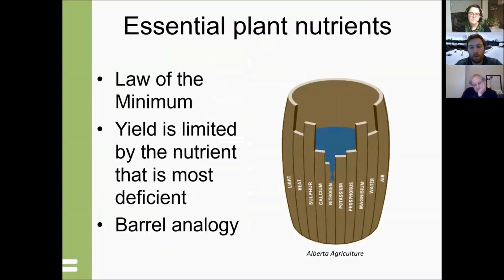If the barrel represents the total yield potential of your field, whichever nutrient is the most deficient is basically the maximum that yield can achieve. So even if, say, sulfur and phosphorus in this barrel are higher, nitrogen is the lowest, so that is the fullest yield you can get: the most limiting nutrient.